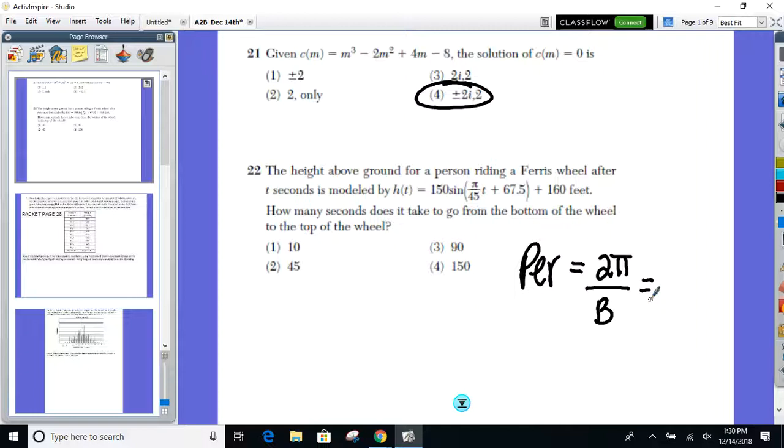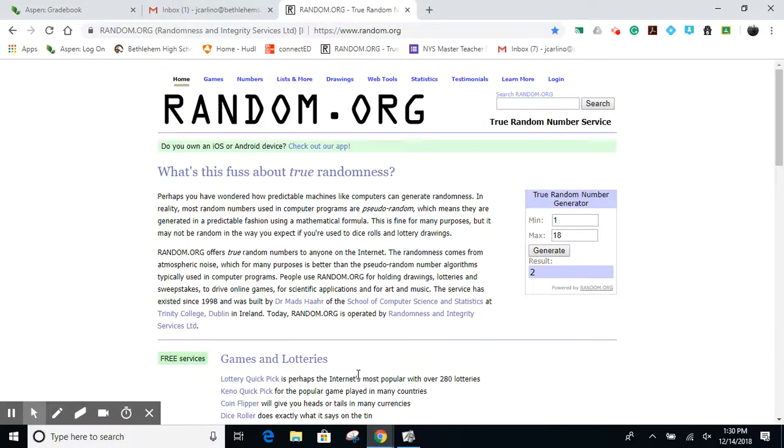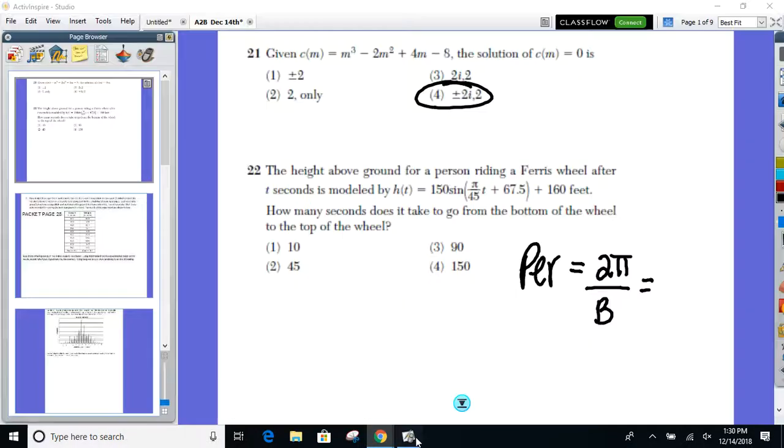Next concern is what number up there is the B? There's a lot going on up there. Which one is the B value up there? Come on. Dig deep. Pi over 45, everybody.